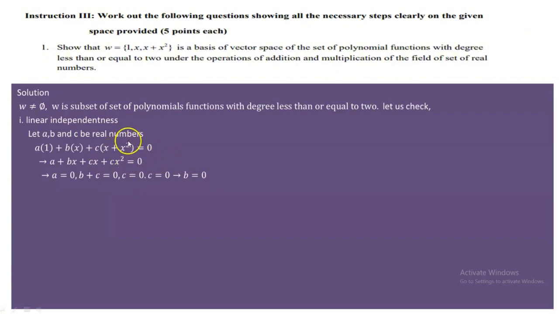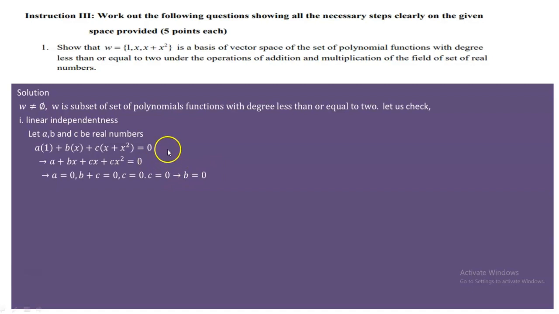And here also the coefficient of x squared, which is c, must be 0 because we don't have x squared on the right side, so the coefficient is 0. So c is 0. If a is 0 and c is 0, clearly b plus c is 0. Since c is 0, b goes to 0.